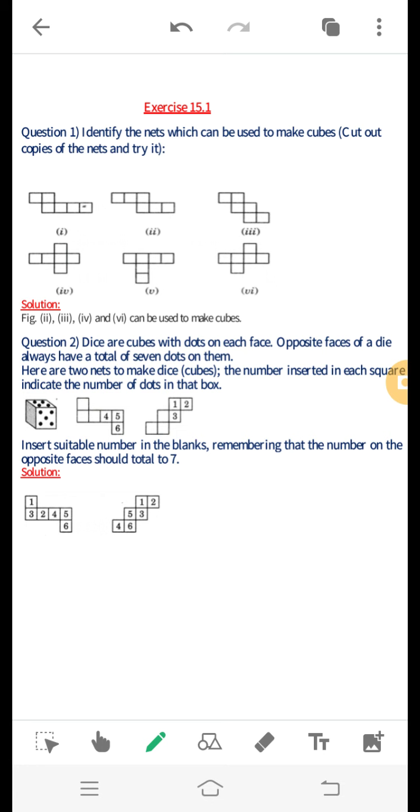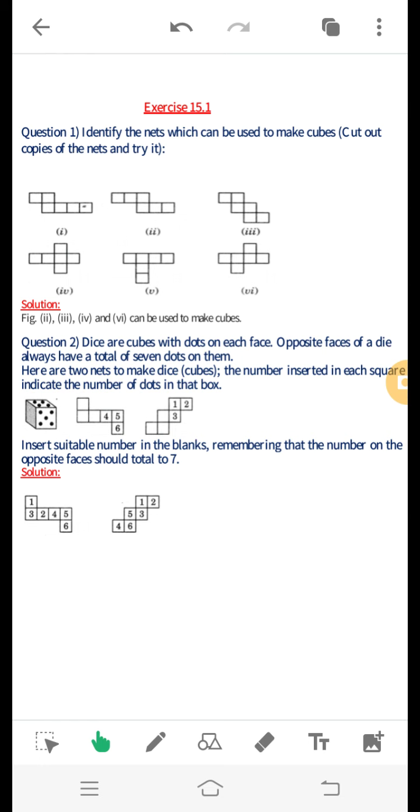So first of all, we have started with the exercise 15.1. In that, question 1, identify the net which can be used to make cubes. Cut out copies of the net and try it. Here the nets are given. Means, just like when we unfold a cube shape, how it looks.